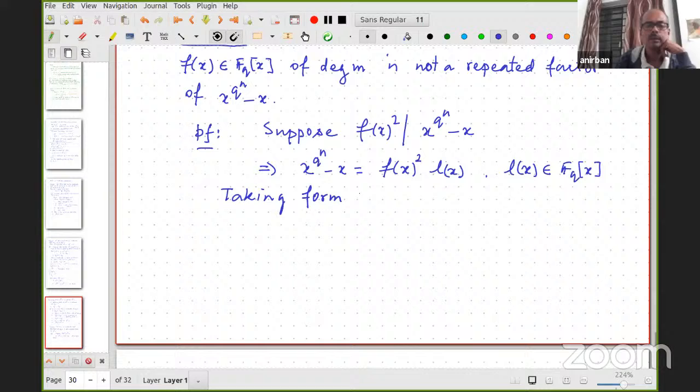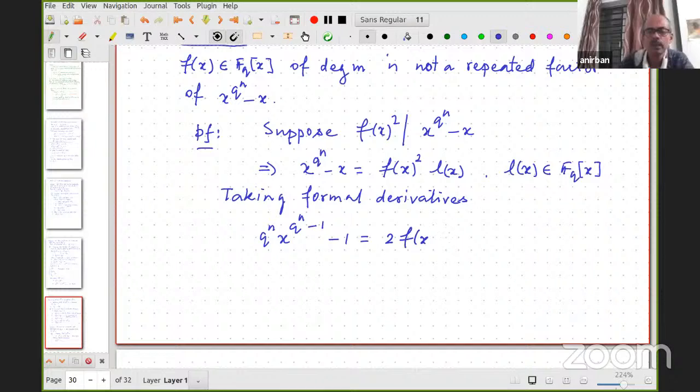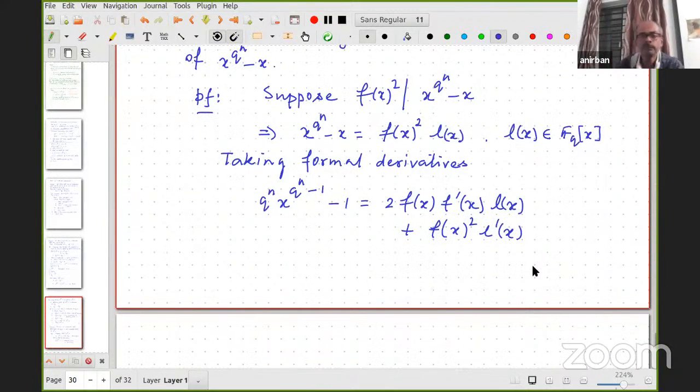We take the formal derivative of both sides. q^n times x^(q^n minus 1) is 2 f(x) f'(x) l(x) plus f(x) squared l'(x). The left hand side has this q^n, so this vanishes.